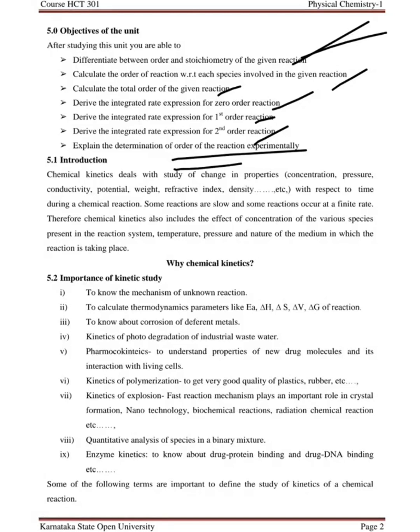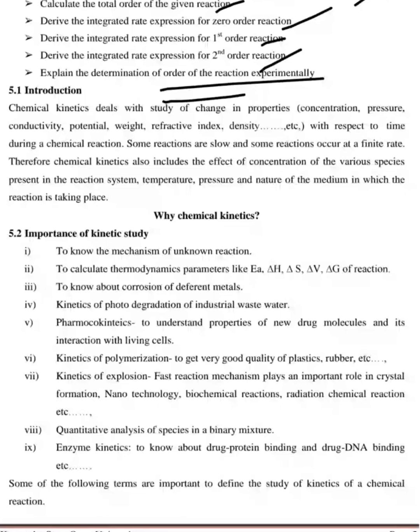The next topic: some of the important aims of kinetic study. To know the mechanism of unknown reactions, where we are going to see the mechanism of the unknown reaction.